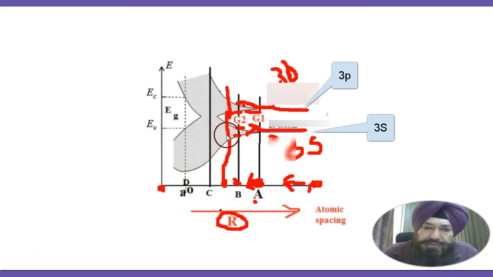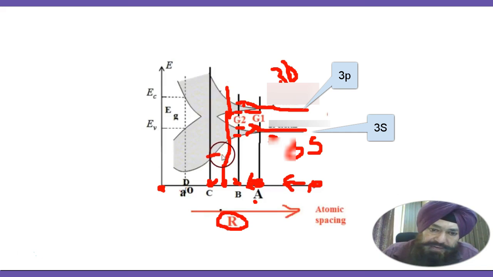When you reach here, before C, before this point, there is a distinction between 3s and 3p. 2n levels are filled of 3p and 2n levels are filled of 3s. But reaching here, there is no distinction which are 3s levels and which are 3p levels.